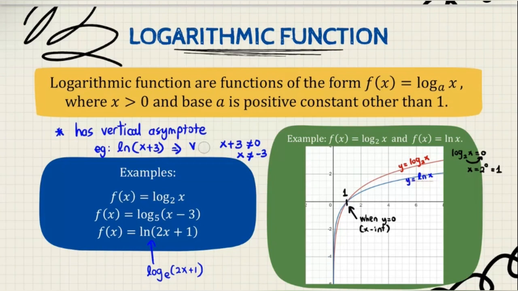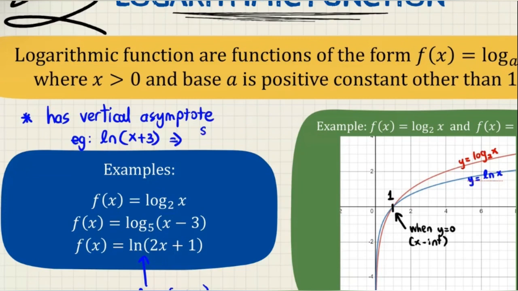Miss, Madam. Yes. Boleh ulang lagi tak? Ulang, okay. Untuk vertical asymptote, function dekat dalam log tersebut ataupun ln, dia tak boleh sama dengan kosong. Since x + 3 cannot be equals to 0, the vertical asymptote will be x equals to negative 3.